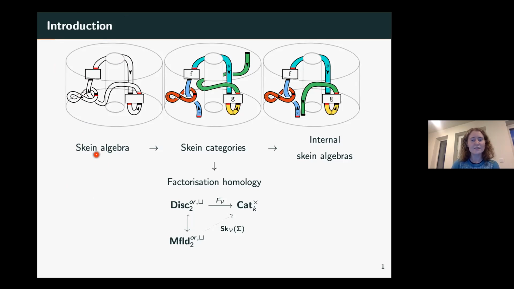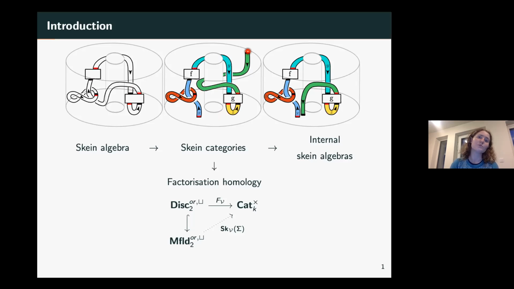In this talk, I'm going to be talking about Skein categories, which are this picture in the middle. And basically, the main difference you need to think of is that a Skein category takes a Skein algebra as its morphisms. And the difference between the Skein algebra and the Skein categories is basically that you allow your links to have endpoints.